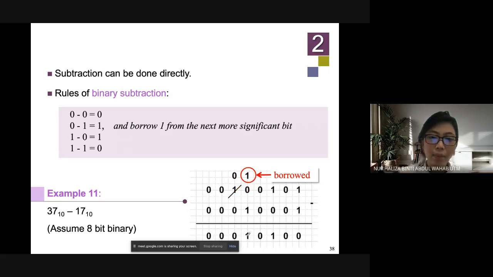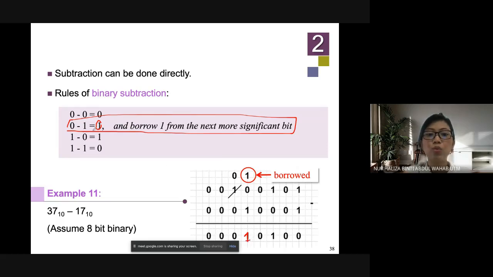So this step is very important when you have 0 minus 1. Please make sure you follow this table. Your answer must be 1, not zero. Not 0. It's going to be 1. Follow this table, but you need to deduct the 1 from your next most significant number.